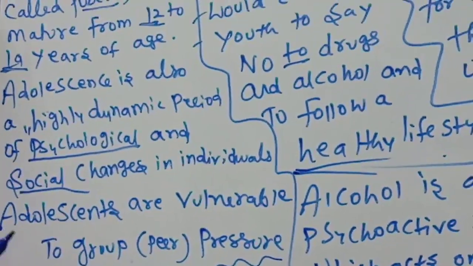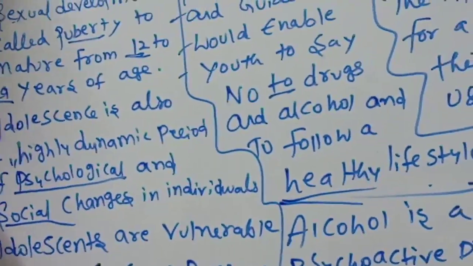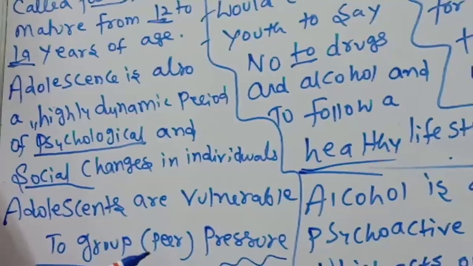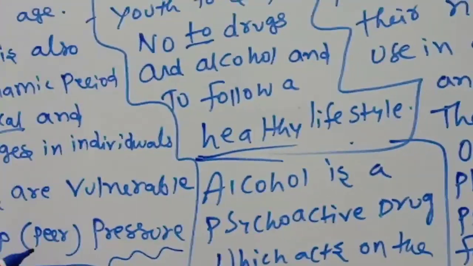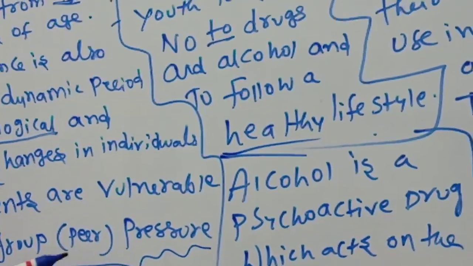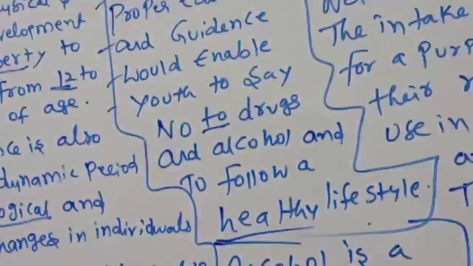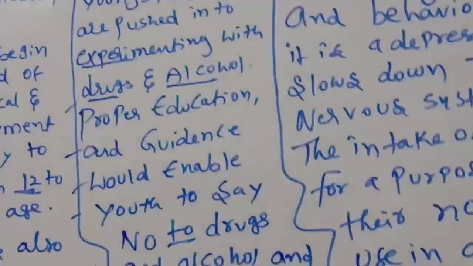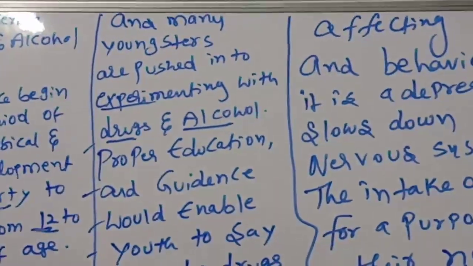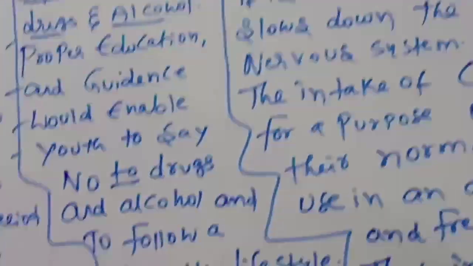If you have a good friend, you will have very good habits. With bad friends, you will get bad habits. Many youngsters are pushed into experimenting with drugs and alcohol. Proper education and guidance would enable youth to say no to drugs and alcohol and to follow a healthy lifestyle.